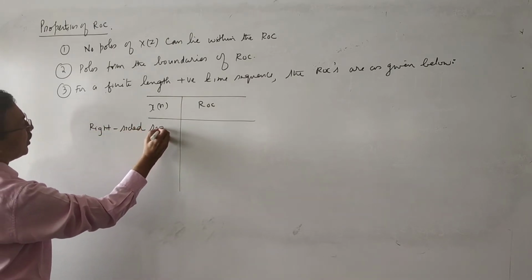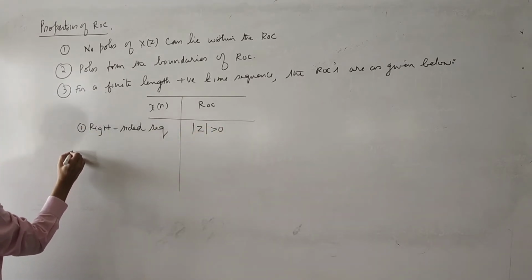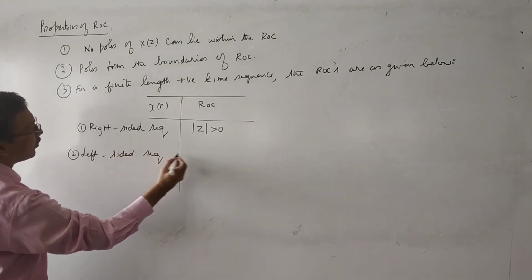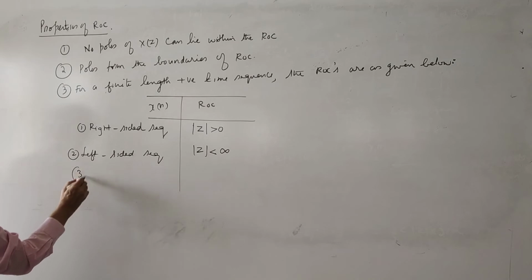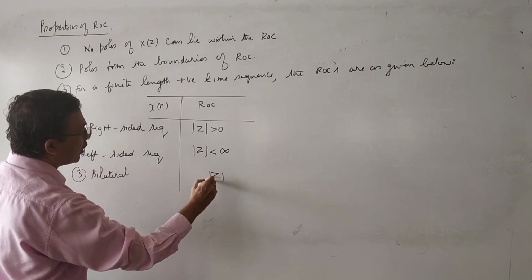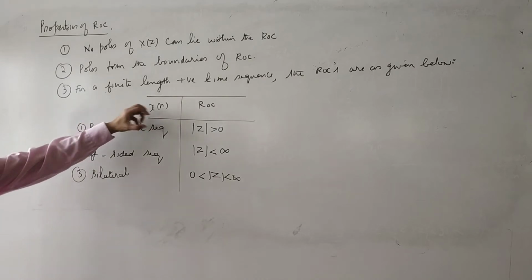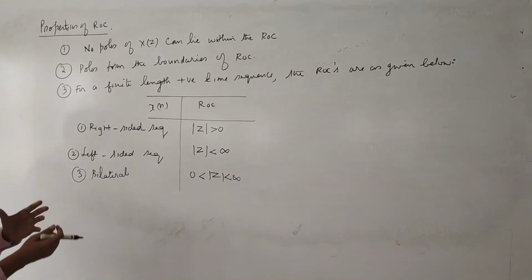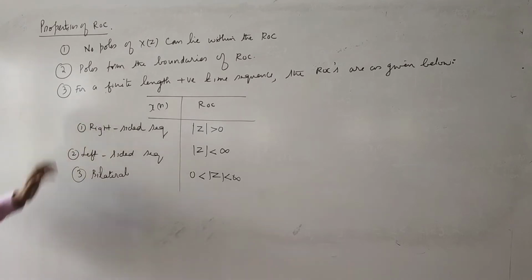ROC is mod z greater than 0. Second one, left-sided sequence, means negative time sequence. ROC is mod z less than infinity. Third one, bilateral, mod z greater than 0, less than infinity. Right-sided sequence means positive time sequence. Left-sided sequence means negative time sequence. Bilateral comprises samples of x of n for both positive values of n as well as negative values of n.